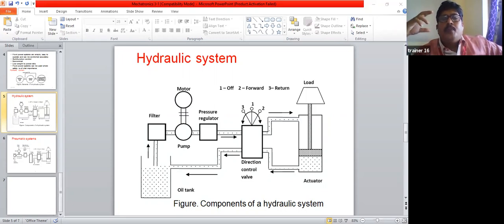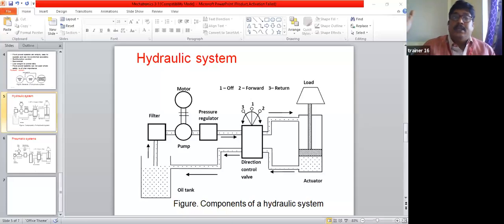It is used in production and assembly of vehicles, all types. These hydraulic and pneumatic systems, as I said, are semi-automatic. Even spray painting, the machine spray paints here.